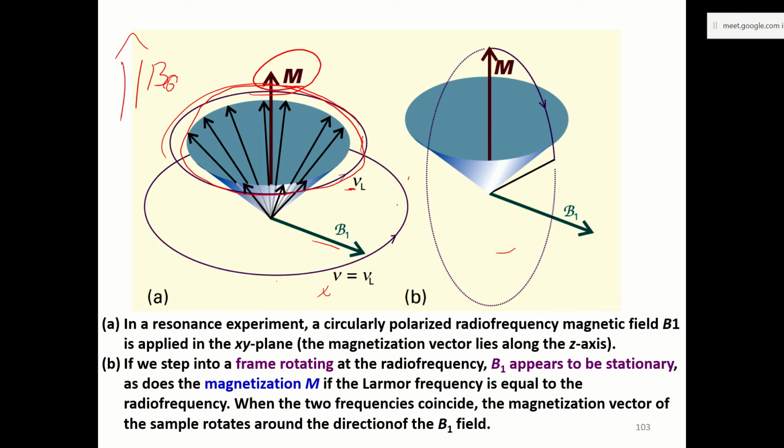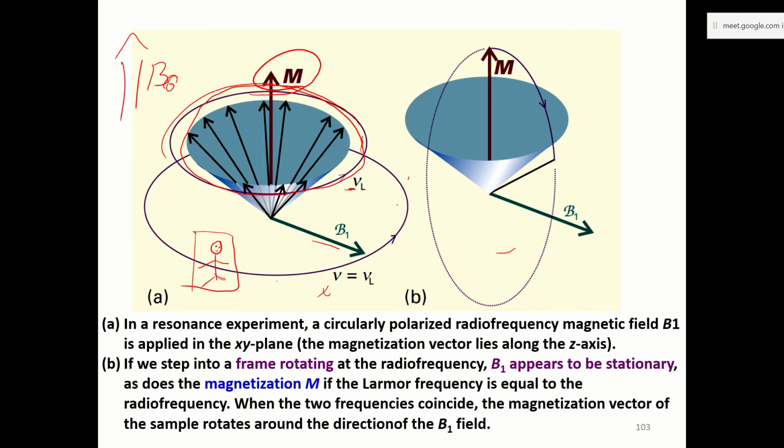So this is for an observer who is outside this system, sitting in the laboratory and observing things. Now think of it that the observer happens to be on this lower circle, moving at the same speed.